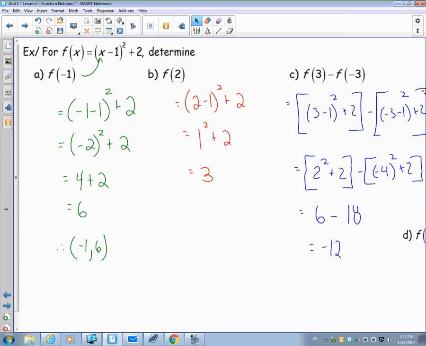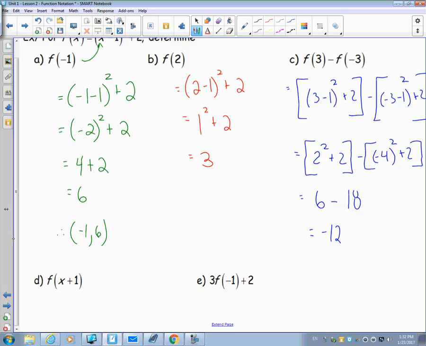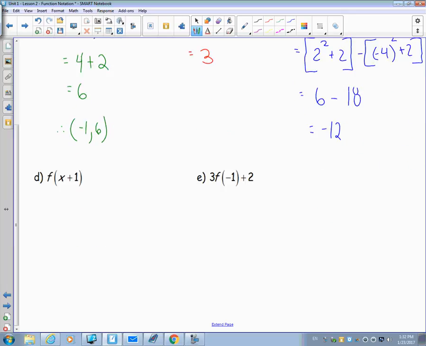And for the trickier one again at the end here, let's figure out what f at x plus 1 is. That looks different. We've done f at x. We've done f at 1. How do we do f at x plus 1? Well, let's take our idea. Our idea is whenever I see f at x, I replace it with a given value.